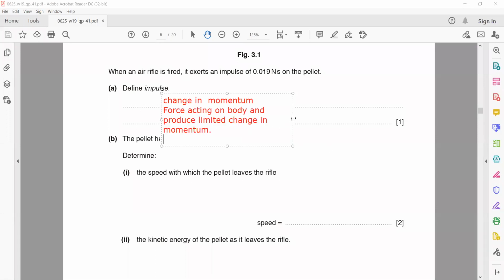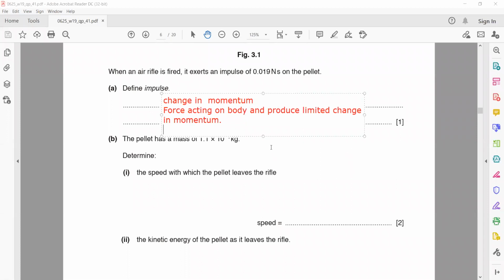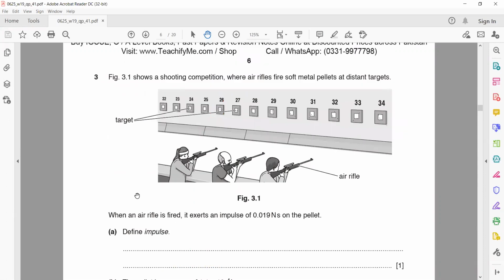The next part, the pellet has a mass of 1.1 times 10 to the power minus 4 kilogram. Determine the speed at which the pellet leaves the rifle. In the beginning, the pellet will be stationary and then it will move. So we know the impulse is equal to the change in momentum, Ft, as well as mv minus mu.